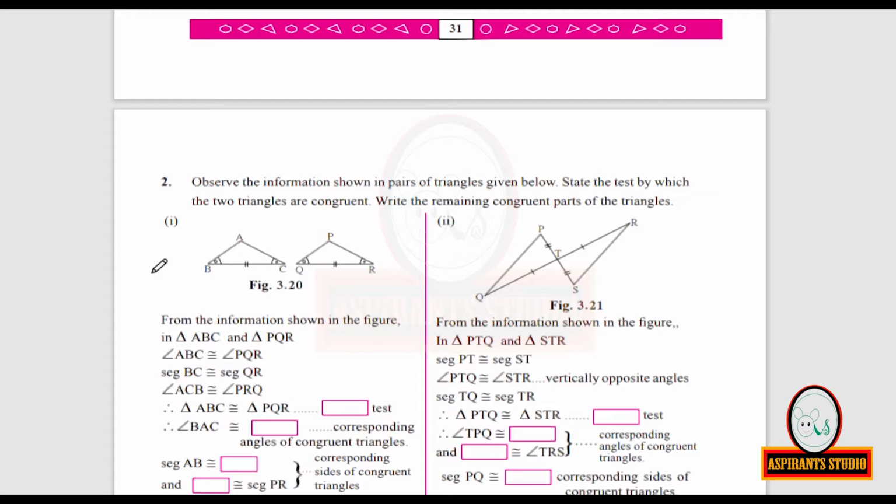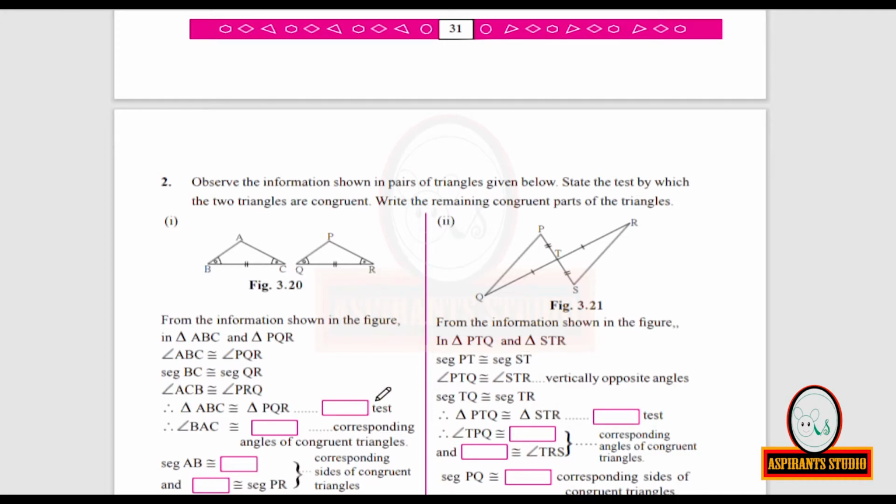Segment BC is congruent to segment QR because length of BC is marked equal to length of QR. Angle ACB is congruent to angle PRQ. You can see angle ACB congruent to angle PRQ.